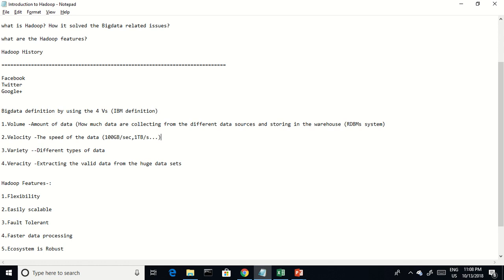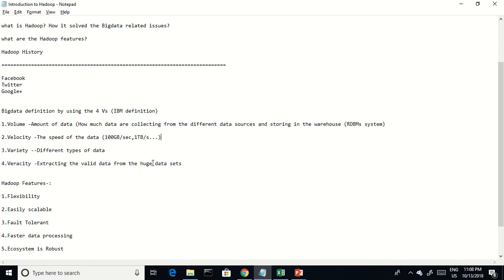Every moment it is generating, and at very high speed it is generating from the data sources. That is called the velocity of the data. And then the variety of the data.